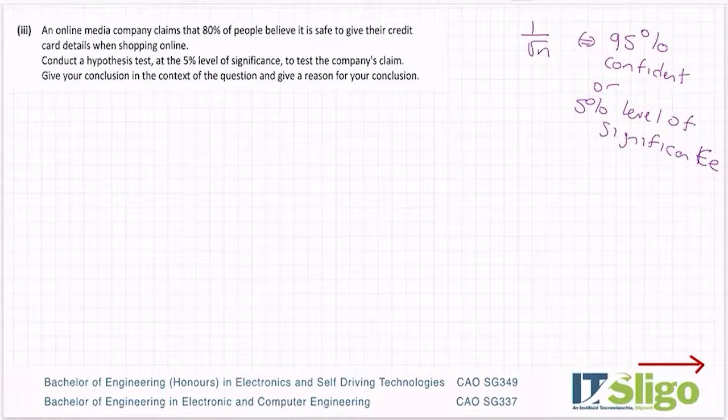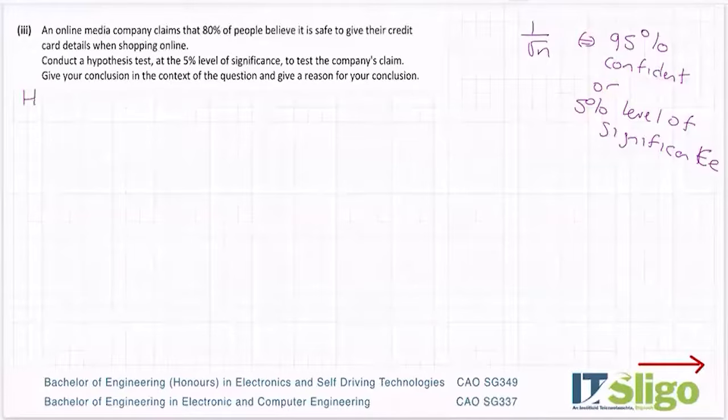So there are rules, just like if you're writing out a science experiment, there are rules about a hypothesis test. The first one is you must write down what's called the null hypothesis, and that's the claim. To write out the null hypothesis, you don't argue with what's being claimed. Everything is the same, everyone is happy.